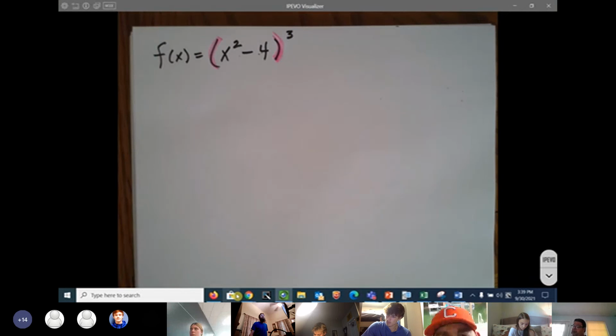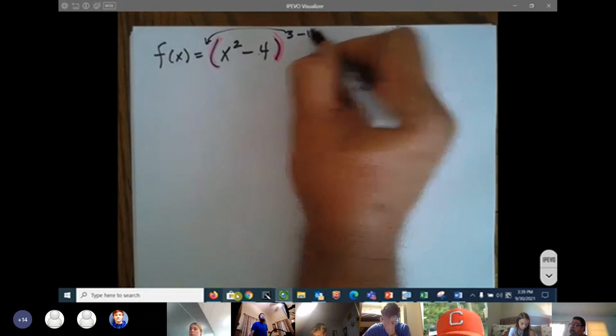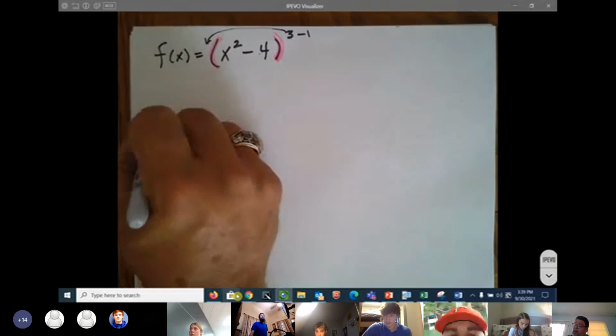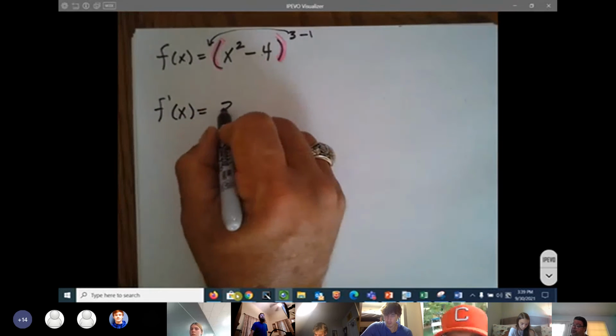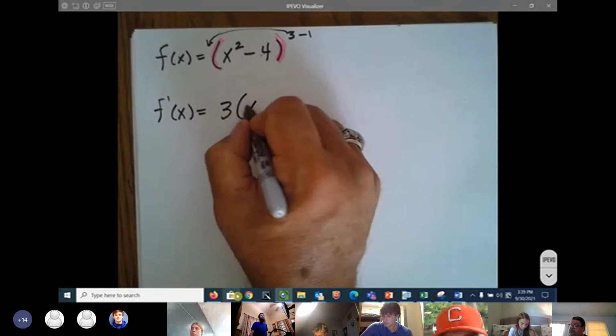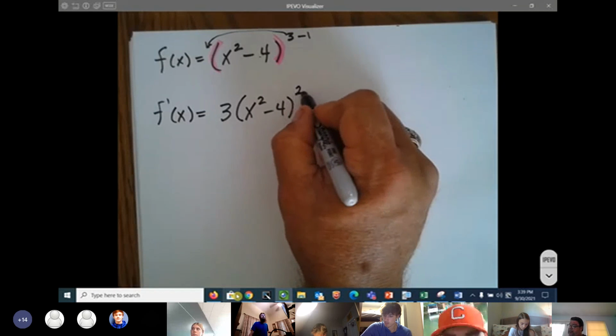And I'm going to bring this out, do the power rule, and minus 1. F prime of x is equal to 3 times (x squared minus 4) to the 2nd power.